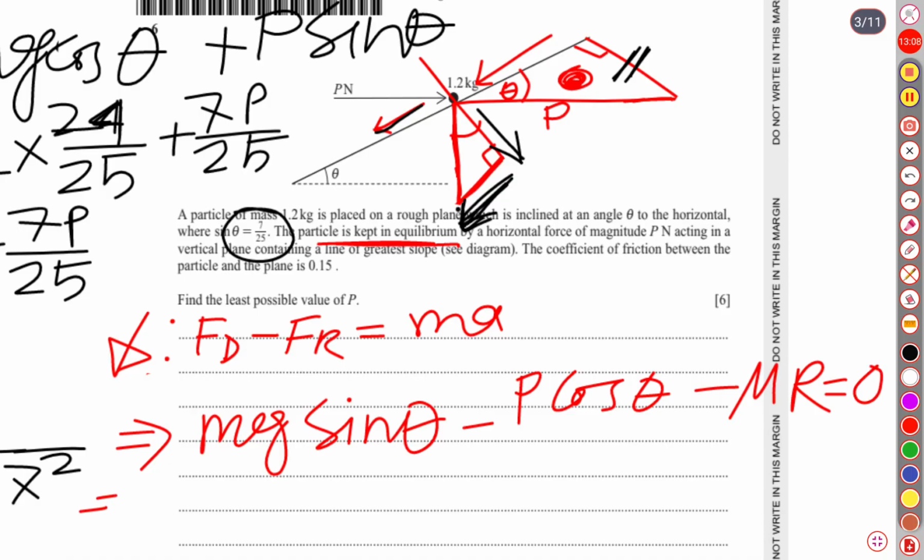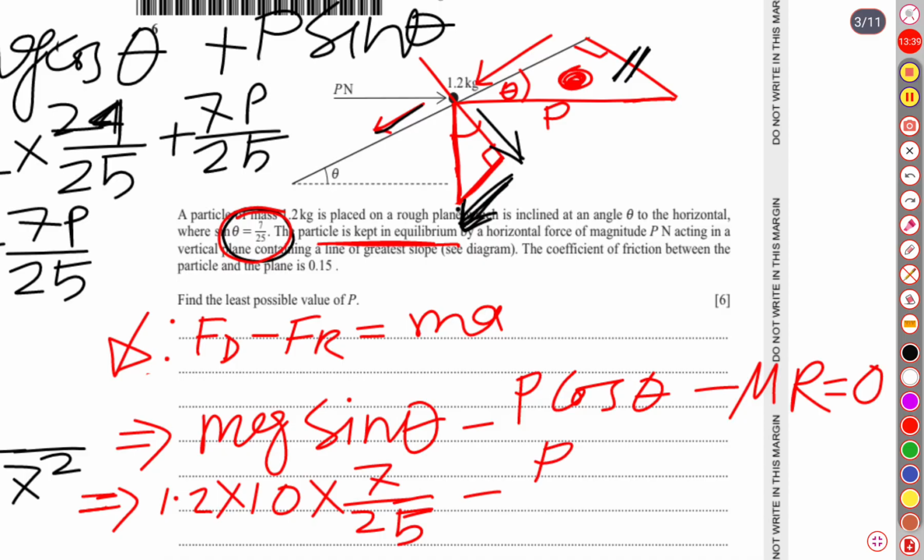So mg sin theta: m is 1.2 and acceleration due to gravity is 10. Sin theta has already been given, it is 7 over 25, into 7 over 25, minus P cos theta.